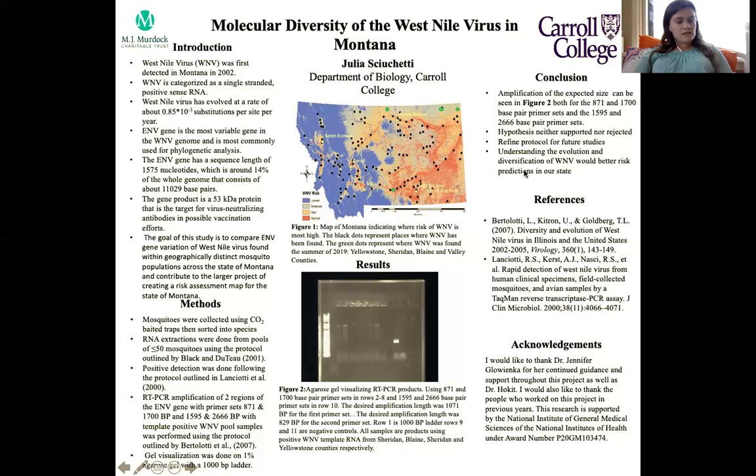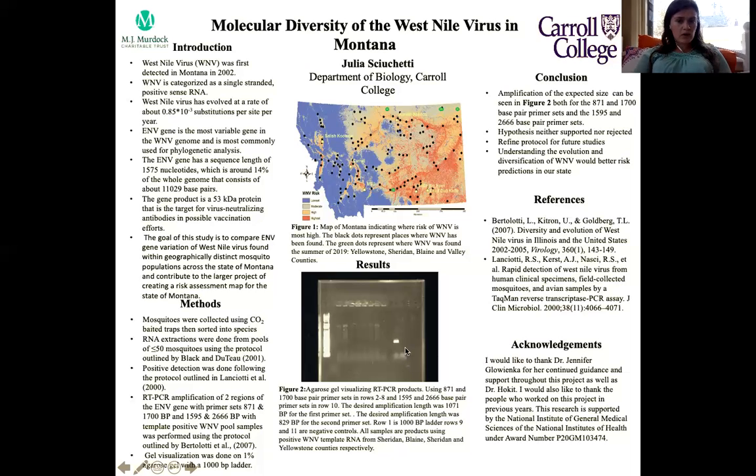So as you can see in my gel below, after 18 trials of gels, I did get banding for all of the samples shown. You can see this was the correct length or the desired length that I was looking for, which was 829 base pairs for the first primer set, which was 871 and 1700 base pairs.